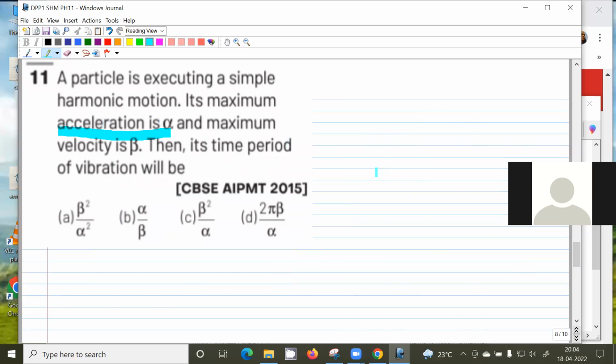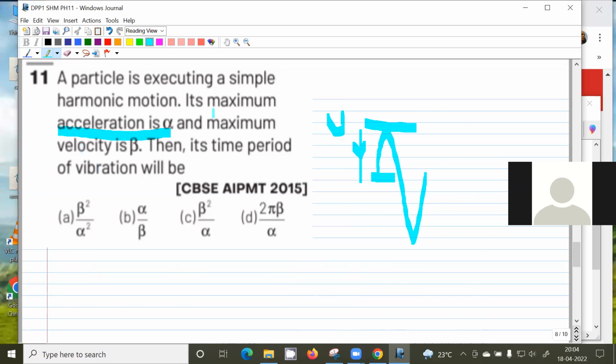Suppose it's a spring: at the extreme position the spring will be stretched maximum, so the force with which it's pulling back will be maximum here. At the mean position, the spring extension is 0, so the force is 0. So here the acceleration is 0, but the velocity is maximum. At the extreme position the velocity is 0, but acceleration is maximum.